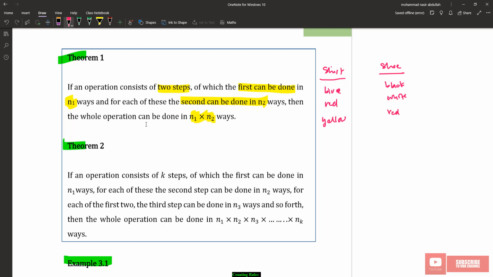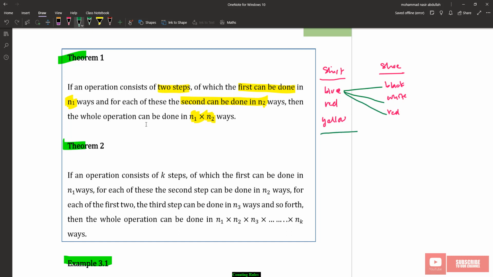So you have a choice in a day to pair your shirt and shoes. For example, you can choose either a blue shirt and black shoes, blue shirt and white shoes, or blue shirt and red shoes.